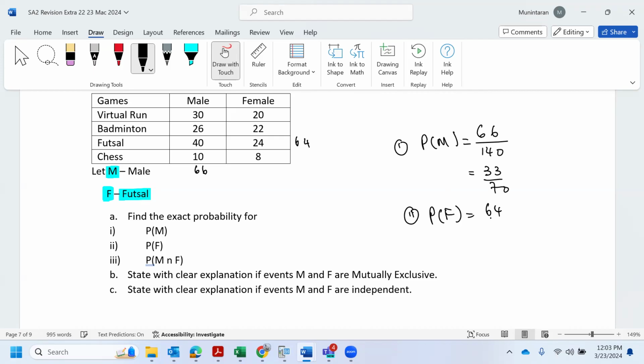This is 64 over 140, that would be 16 over 35. And we want both together: the probability male playing futsal, you look at male and futsal, you get 40 of them. So that is 40 over 140, which is 2 over 7.